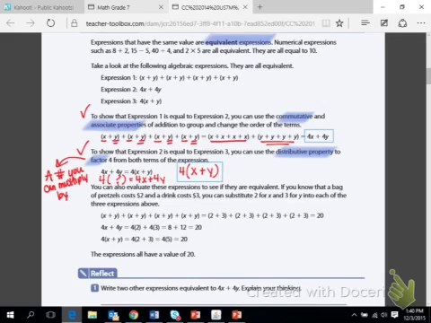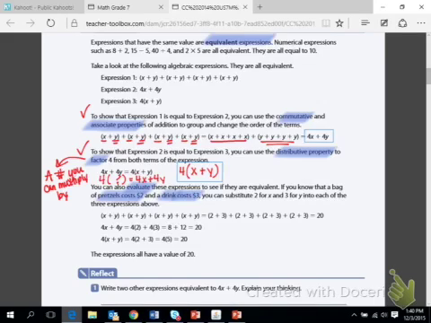Simplifying the expressions is not the only way to identify that they are equivalent. You can also evaluate the expressions to see if they are equivalent. If you know that a bag of pretzels costs $2 and a drink costs $3, you can substitute 2 for x and 3 for y into each of the 3 expressions above.